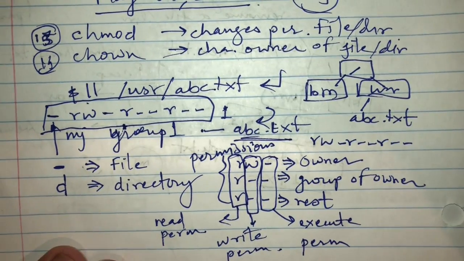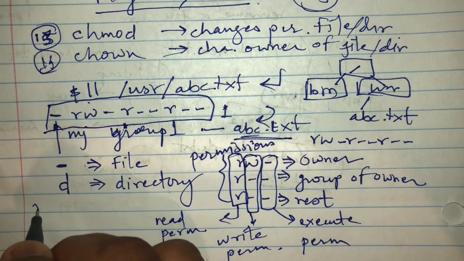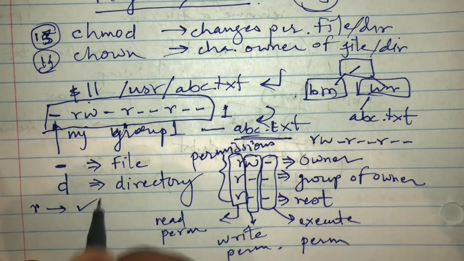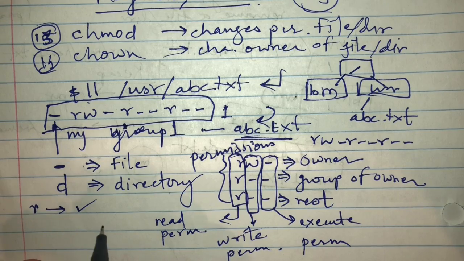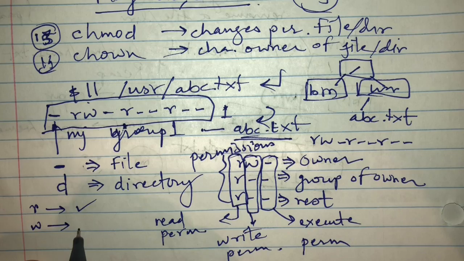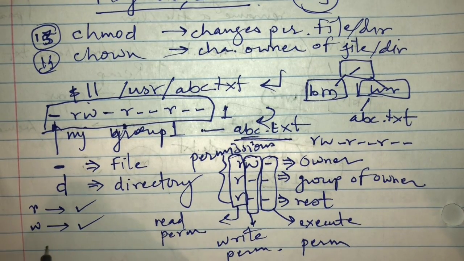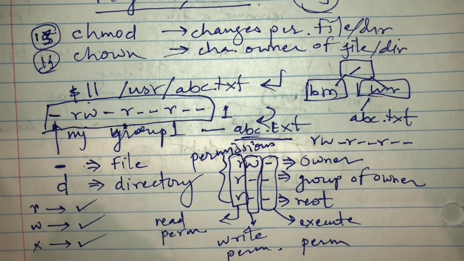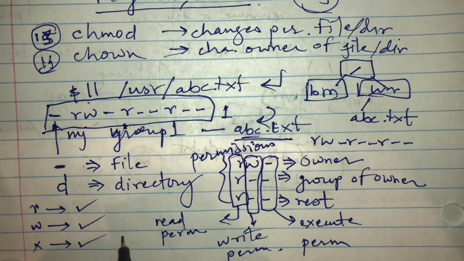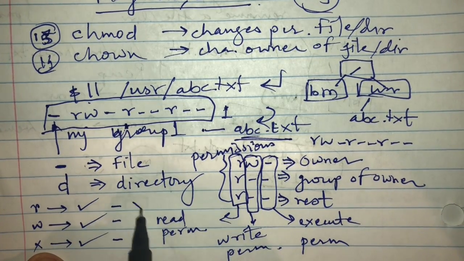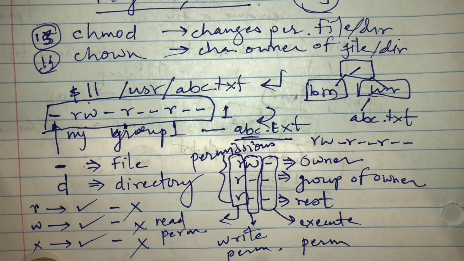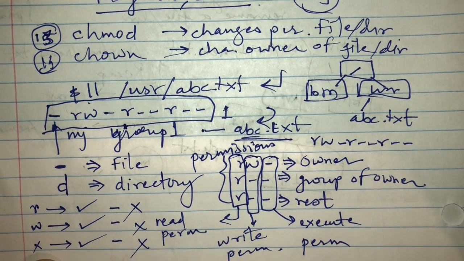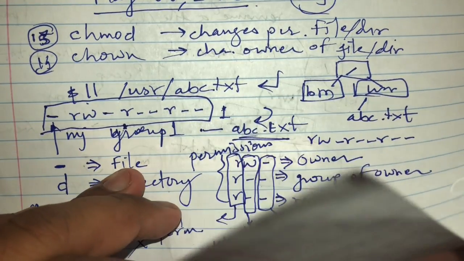If you see r, that means it has read permission, but if you see hyphen, that means it doesn't. If you have w, that means it has write permission. If you see hyphen, that means it doesn't have write permission. And if you see x, that means it has execute permission. If you see hyphen for all these 3 cases, that means you do not have any permission, right? So let me look for an empty page.